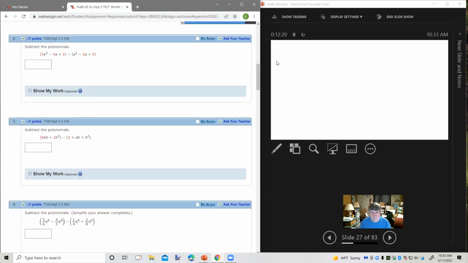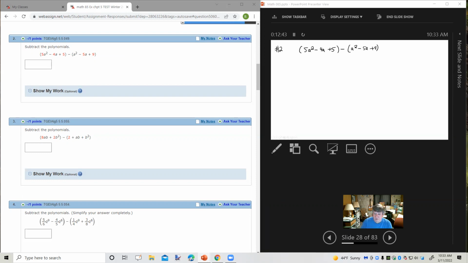Problem number 2. Subtract the polynomials. We have the quantity 5a squared minus 4a plus 5 minus the quantity a squared minus 5a plus 9.